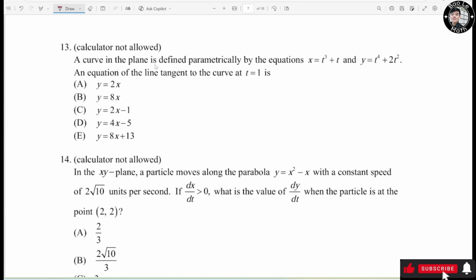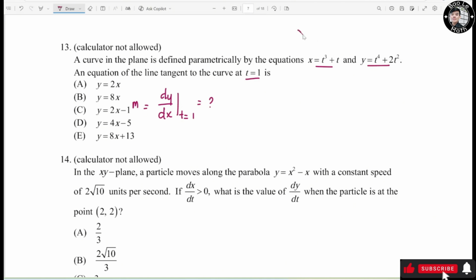A curve in the plane is defined parametrically by the equations s and y. An equation of the line tangent to the curve at t equals 1 is, alright, so we need to calculate dy over ds at t equals 1, right? This one is the slope of the tangent line. And then we need to use the point slope formula to write the equation, right? So first I need to find the coordinate of the point, right?